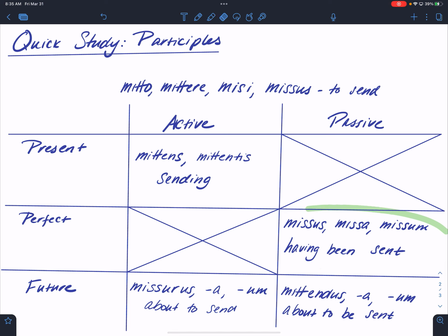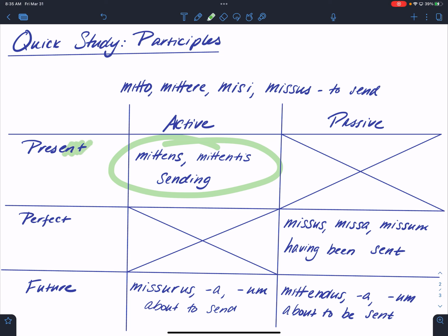Now, the other ones are pretty simple. Let's talk about the present active. In the word "present," you've got the letters NT. Aside from the nominative form of this word, which is going to be mittens, all the oblique cases of this word have an NT in the form, just like the word "present."